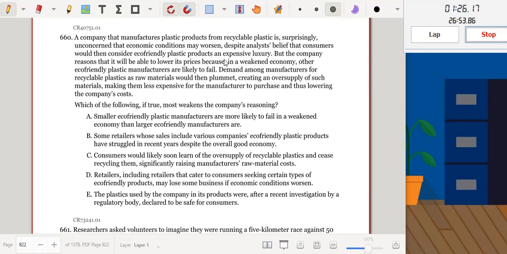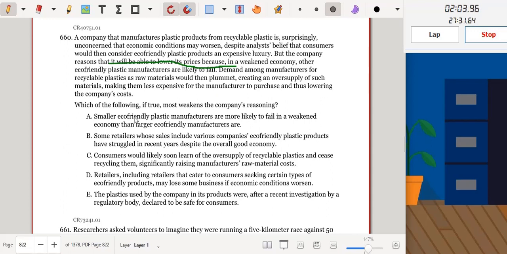The company reasons that it will be able to lower the prices. Why? Because in a weakened economy, other eco-friendly plastic manufacturers are likely to fail. Demand would decrease, creating an oversupply. Which of the following most weakens the company's reasoning?